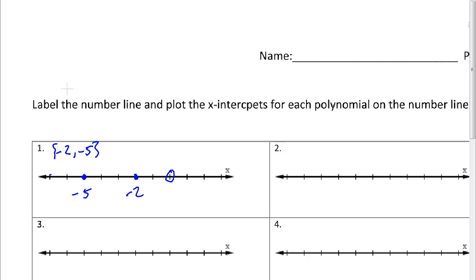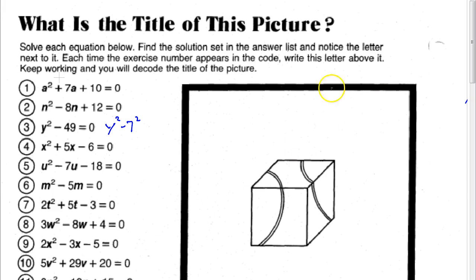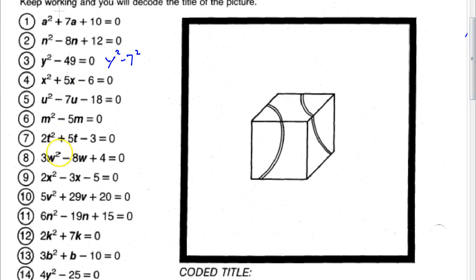So let's look at another. Okay, so question number 7. So negative 2t squared plus 5t.